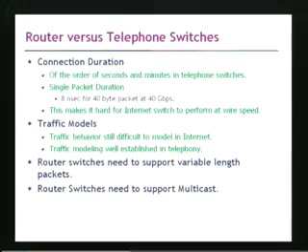The third major difference is, as I already pointed out, that router switches need to support variable length packets, and this makes the job of the switching considerably complex. On the other hand, in telephones, the connection will be sliced in time slots, and therefore variable length packets are not really an issue.